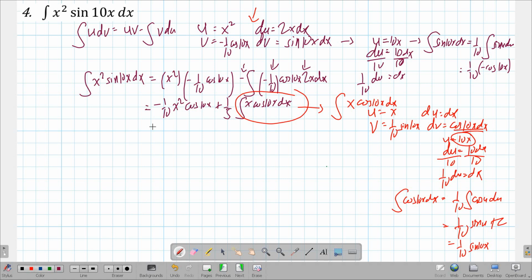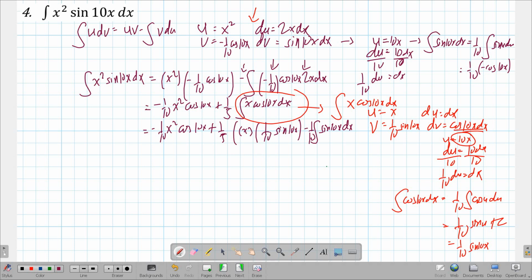Hence, bringing it back to the main solution, we have negative 1 over 10 x squared cosine 10x plus 1/5 times the integral of this, which is uv, that's x times 1 over 10 sine 10x, minus the integral of v. I will bring out already 1/10 outside to v, that's sine 10x dx. So there.